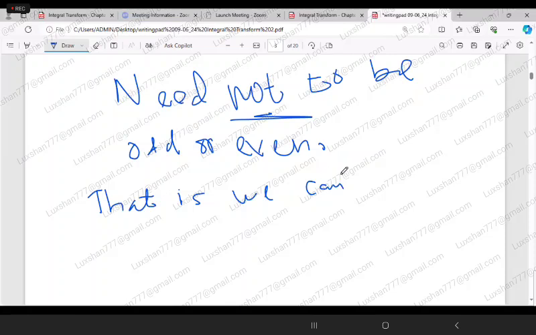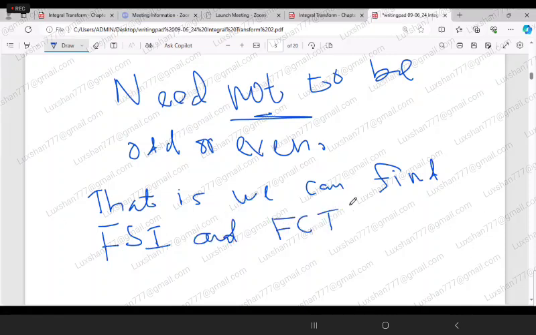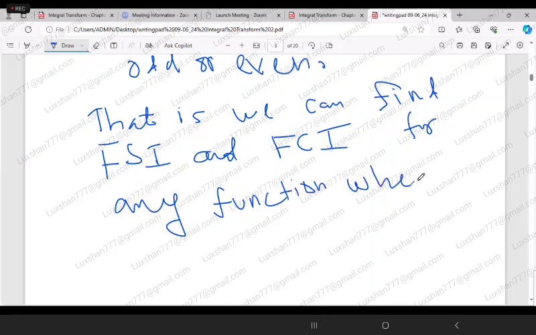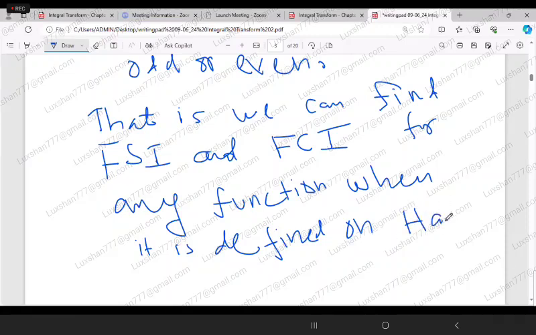We can find the Fourier sine integral and Fourier cosine integral for any function when it is defined on a half line. Half line means 0 to infinity.